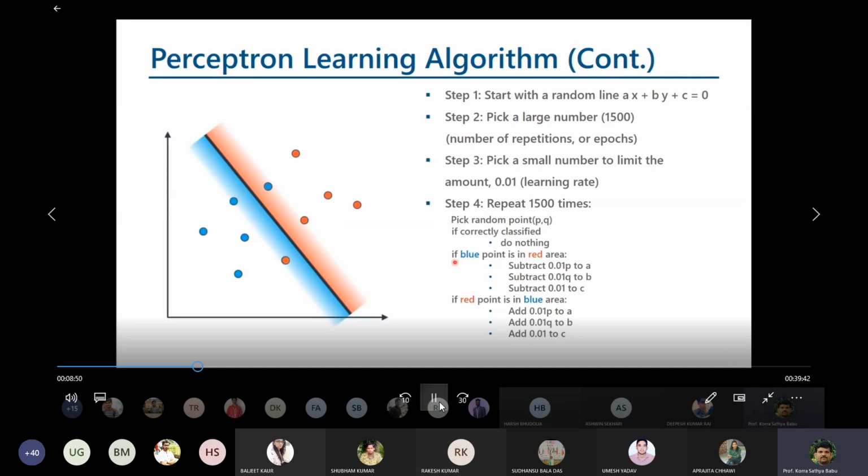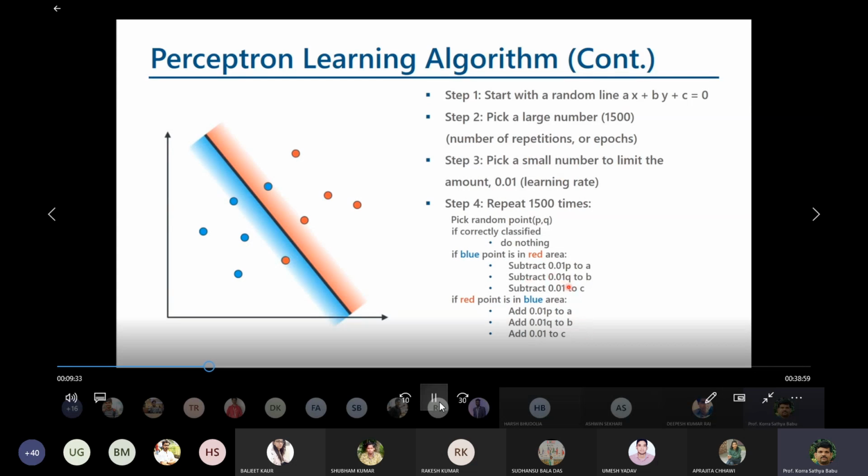Now, if a blue point is in the red area, this is the point we are speaking about, blue point in the red zone, then subtract the learning rate times P from A. P is the point you have randomly picked up, with coordinates PQ. So the P value times the learning rate is subtracted from A, suppose the learning rate is 0.01.